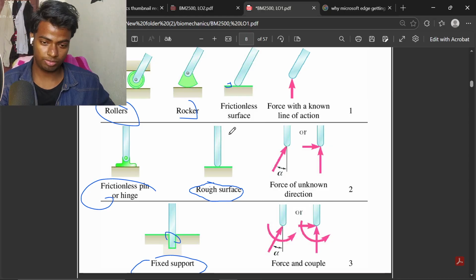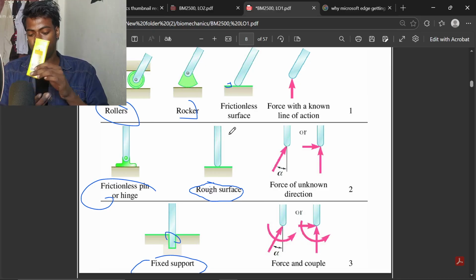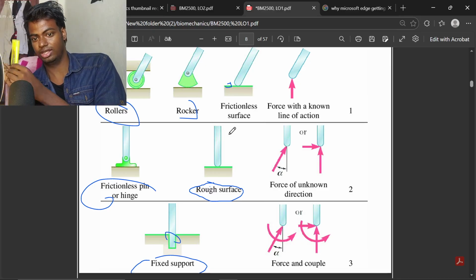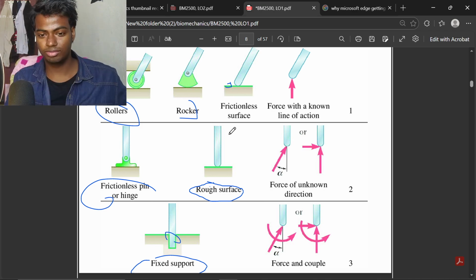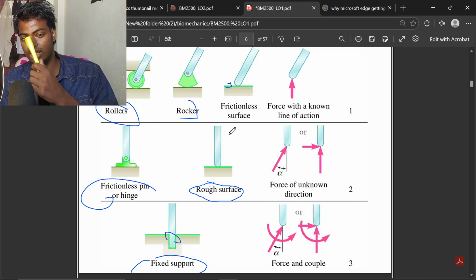This is very interesting: a rough surface. If there is an object on a rough surface, what is actually holding it is friction.